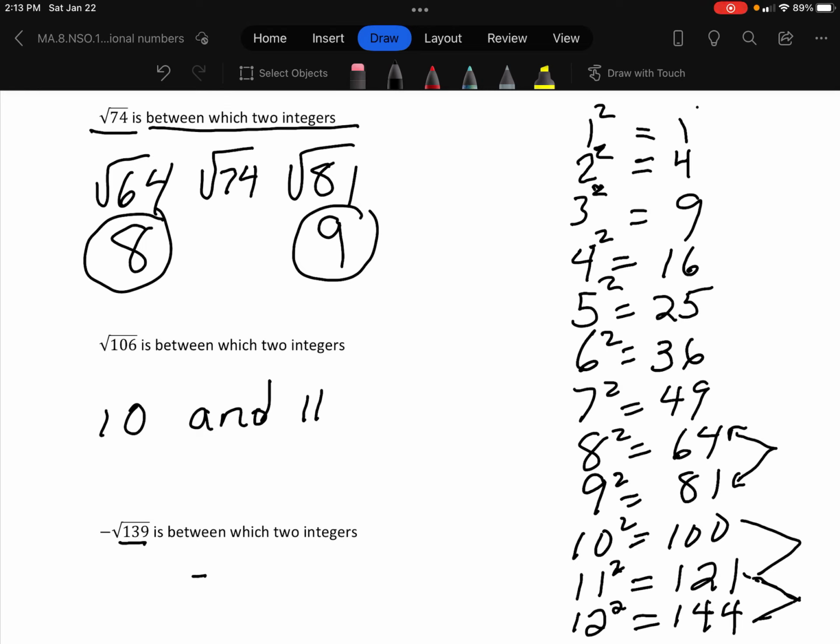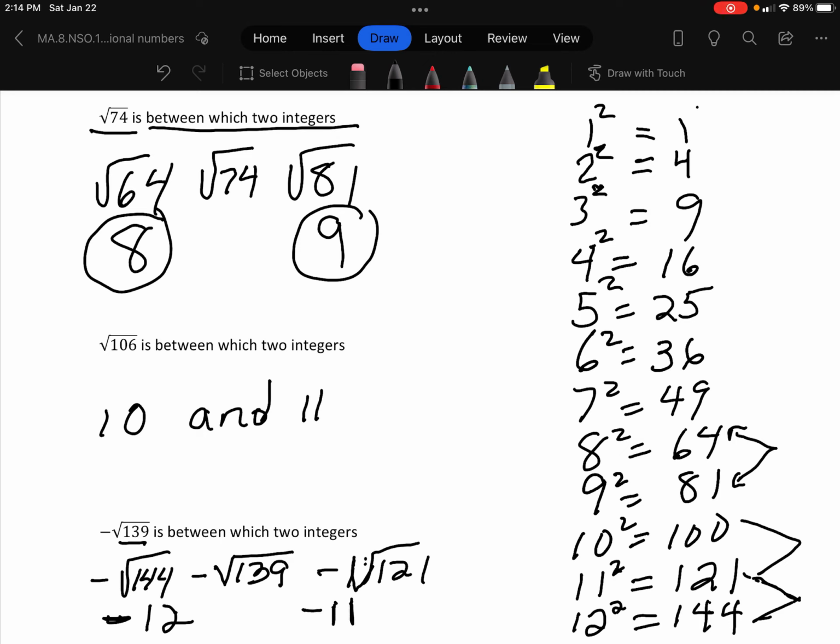So the negative square root of 139 is going to be between negative 12 and negative 11.